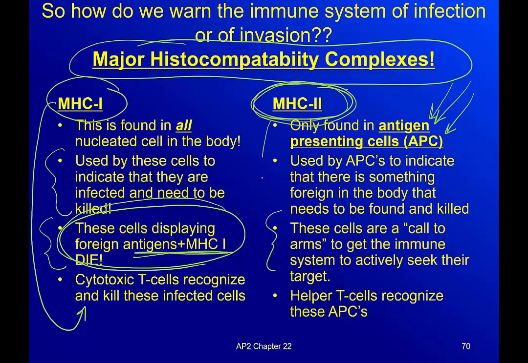Now, who recognizes MHC2? The helper T cell does. Notice it doesn't say cytotoxic. In other words, these cells, the antigen presenting cells, they're not going to die either. They're just the person holding the wanted poster. There's no reason for them to die.